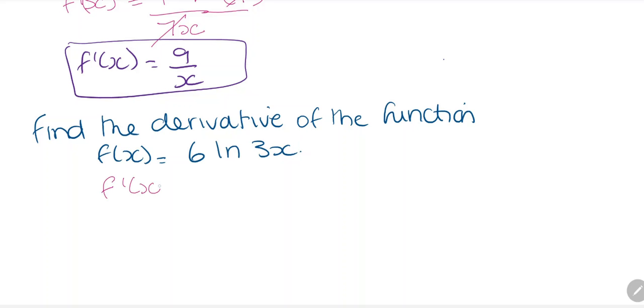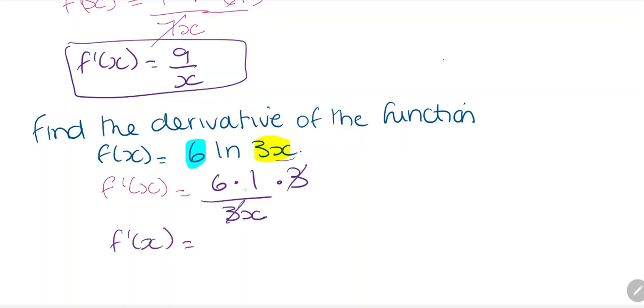This number here is going to be multiplied by 1 on the numerator, so 6 times 1, and then this is divided by our value here, which is 3x. Then we have to multiply by the derivative of our value, which is going to be 3. Our 3's are going to cancel, so we're left with 6 multiplied by 1 over x.